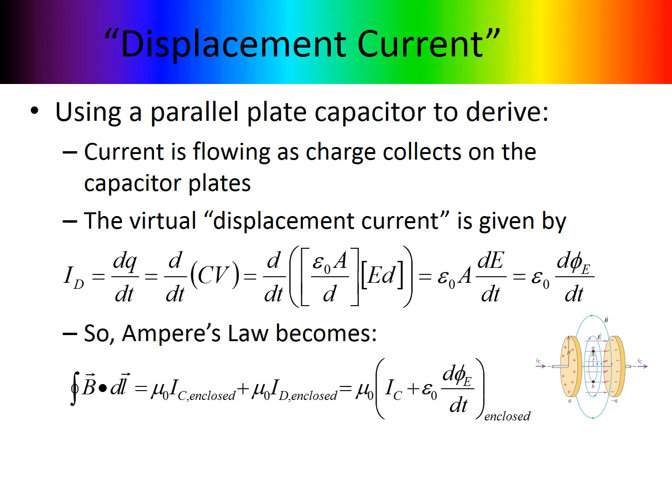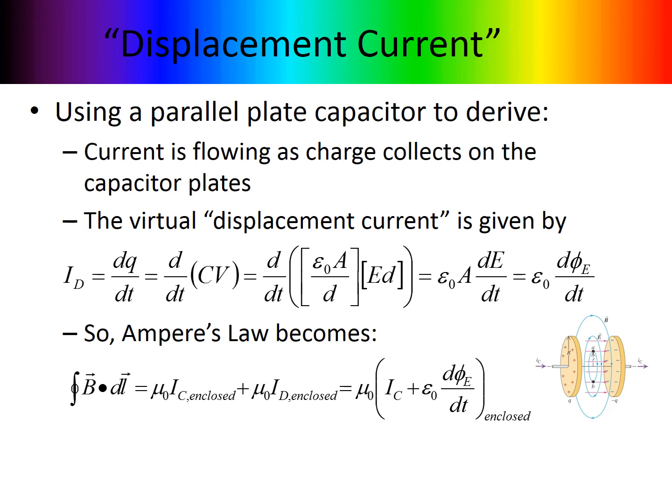Now if we simplify and remove terms out of the derivative that are constants, we get epsilon sub 0 A dE dt. Now what is A times dE dt? It's area times electric field change, which is d flux dt. And so we're left with displacement current or virtual current equal to epsilon sub 0 d phi e dt.